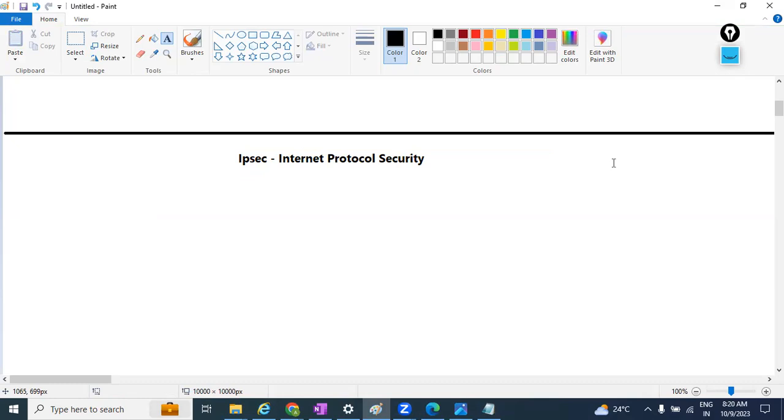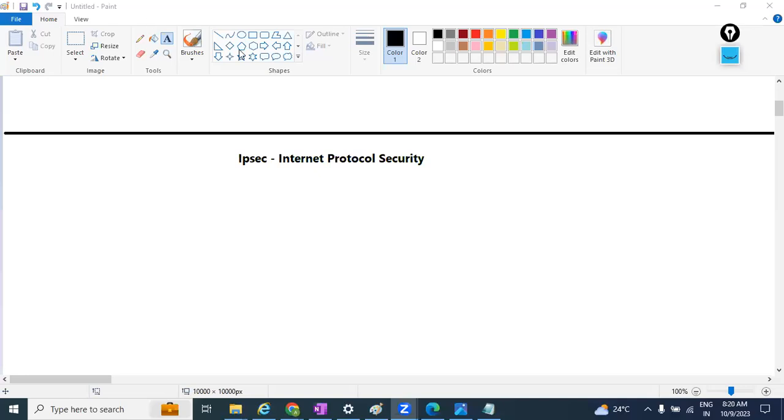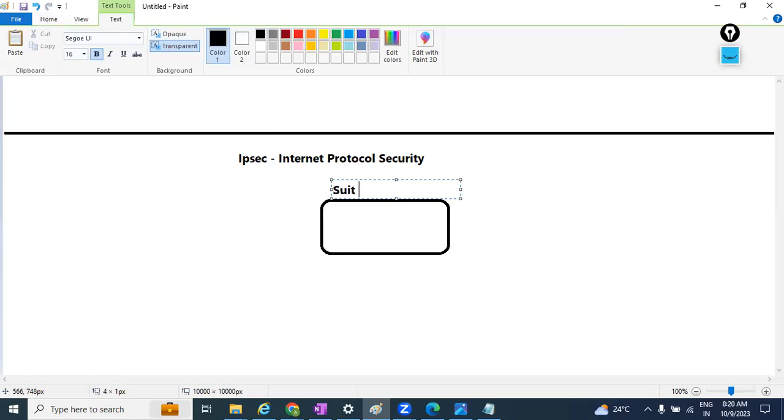So what is IPsec actually? IPsec is a suite of protocols. What exactly is a suite? Suite means it's kind of a box of protocols. This is one of the suites of protocols.